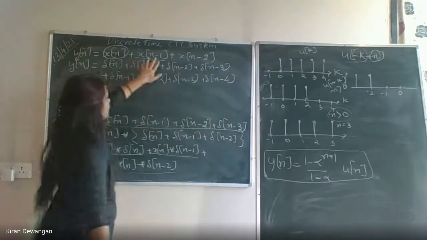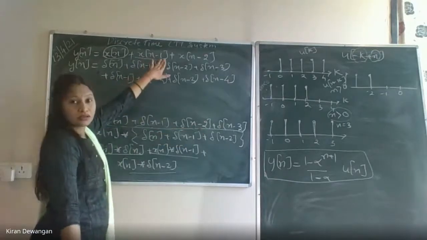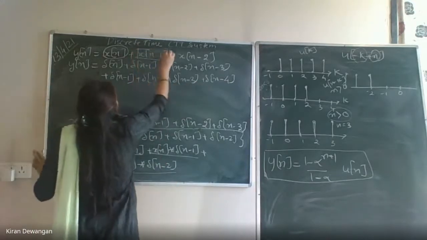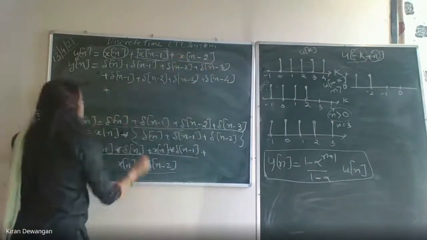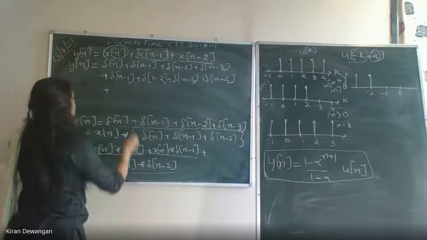So in the entire value of x of n, I am applying n minus 1. So this is going to be my second term, x of n minus 1, plus the third term, x of n minus 2. So for the entire x of n, I'll have to apply n minus 2.